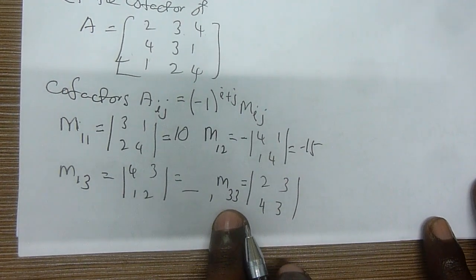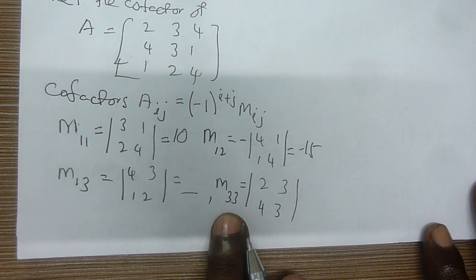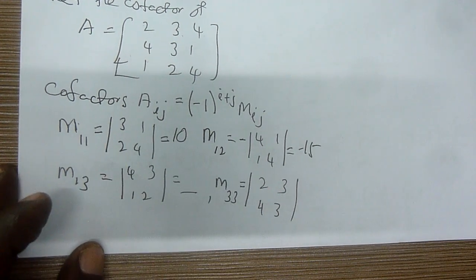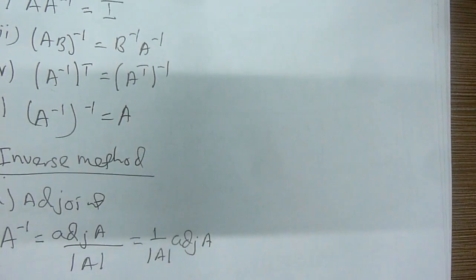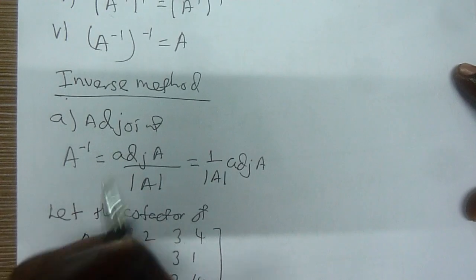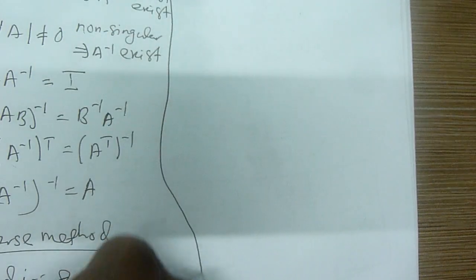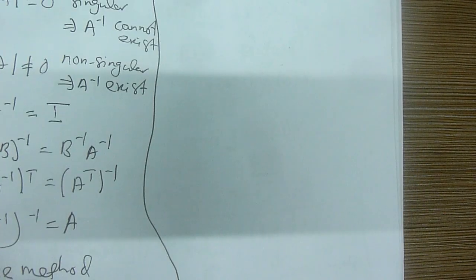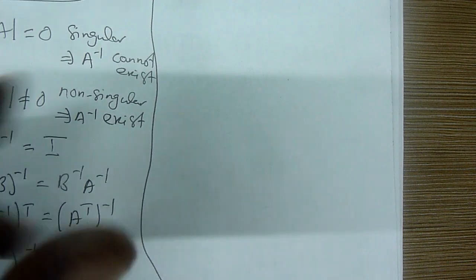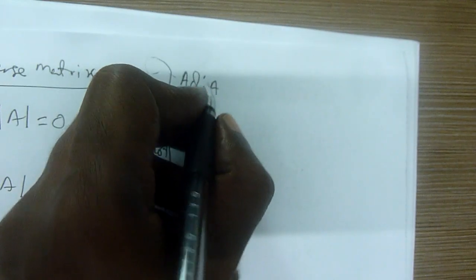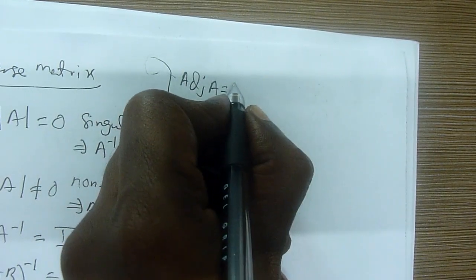for the cofactors. After you identify all the cofactors, you will get the adjoint of A. I show you the adjoint of A here.